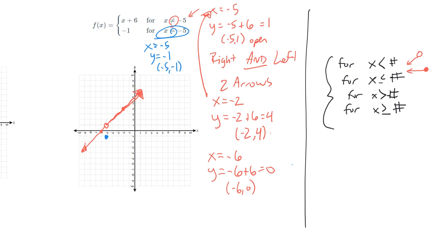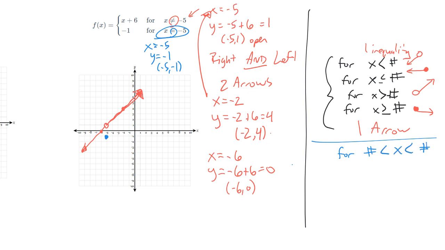If you have x greater than, you should have an open circle with the line going to the right. And this should be a closed circle with a line going to the right. There's going to be one arrow at the end of your piece anytime you have one inequality, right? Now, what are the other scenarios? We also have situations where it says a number is less than x is less than another number, right?